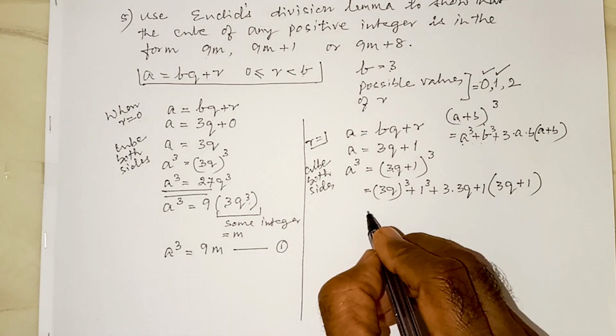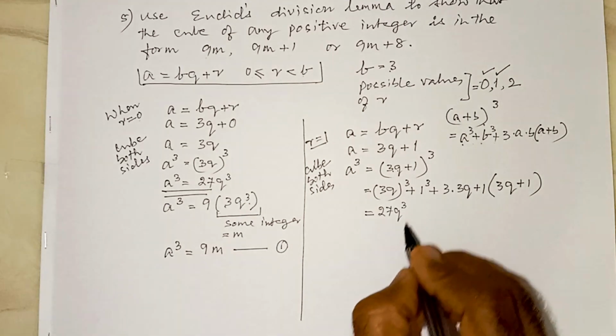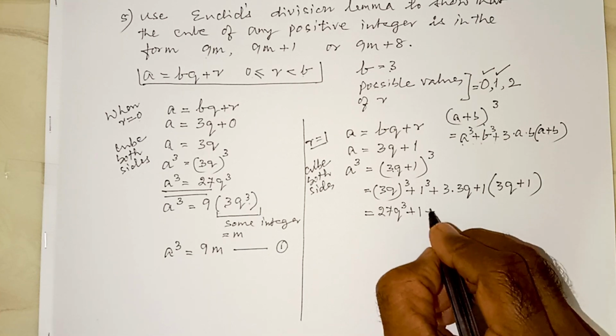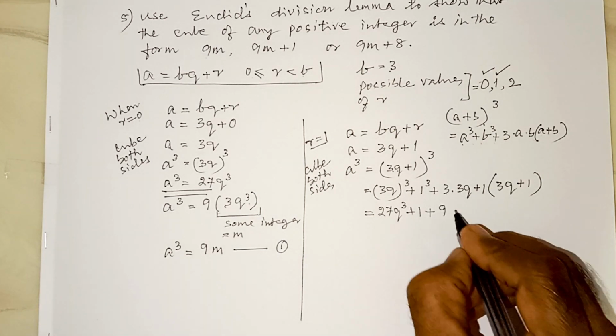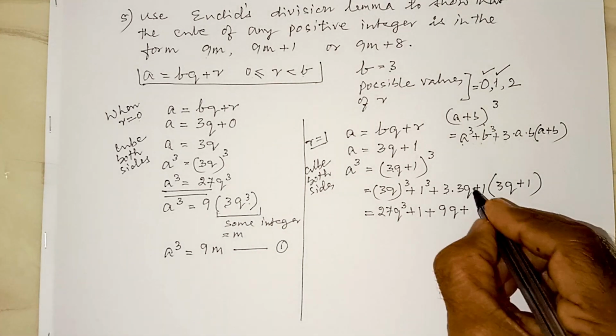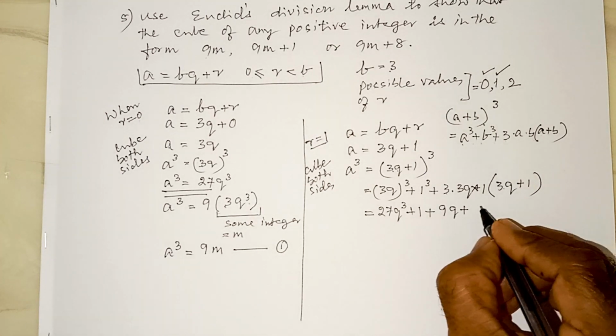Now we will simplify further. This becomes 27q cube plus 1 cube is again 1 plus 3 times 3 is 9q, times 3q plus 1, which we write as it is.